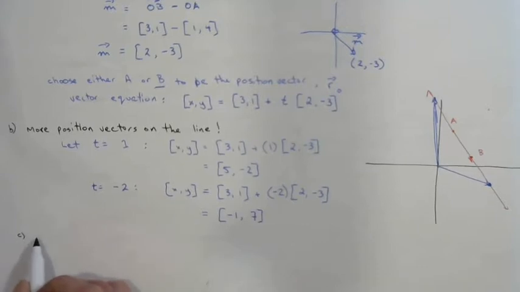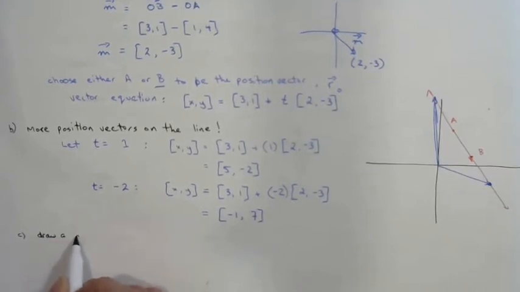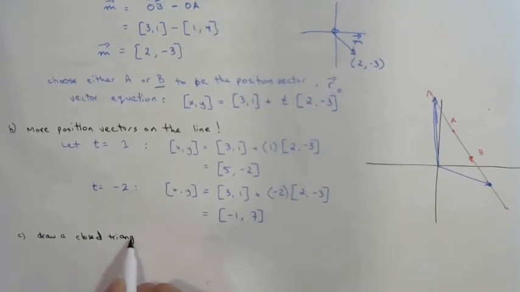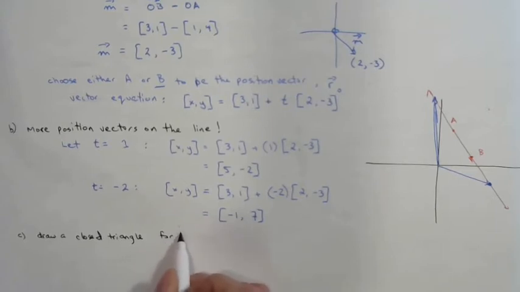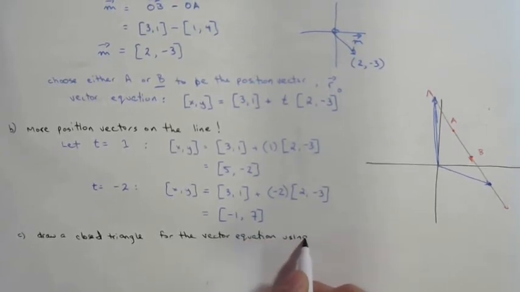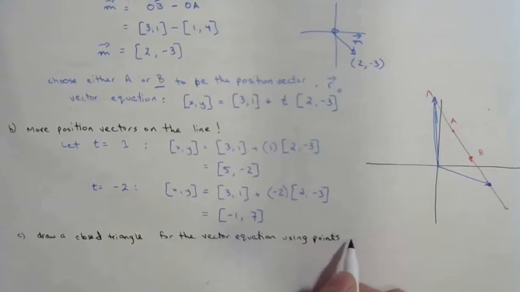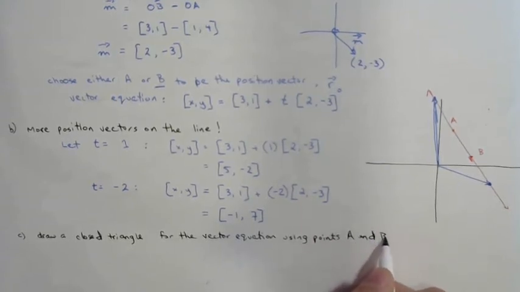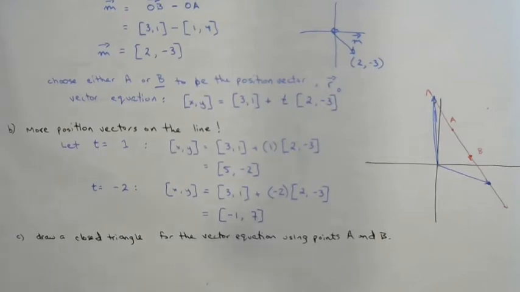C says draw a closed triangle that represents the vector equation using points A and B. I'm just going to do this on the picture that I already have drawn.